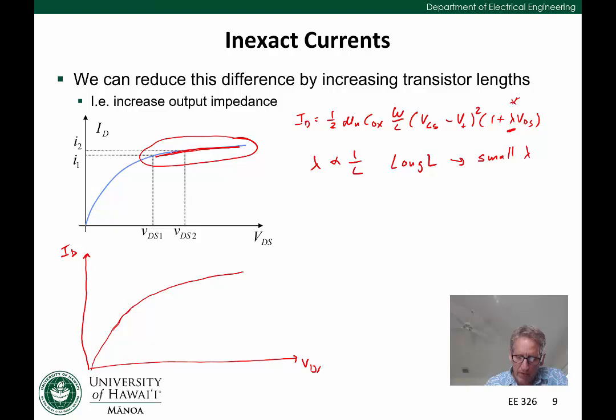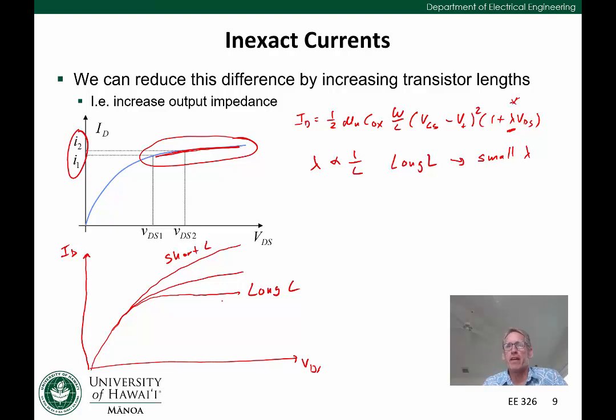And we'd have a curve that looks like this, super flat. This would be a long L. And a curve that would come up really fast would be a short L. So in terms of getting I1 and I2 to match, we want the long L so that lambda, or the effective channel length modulation, is minimized.